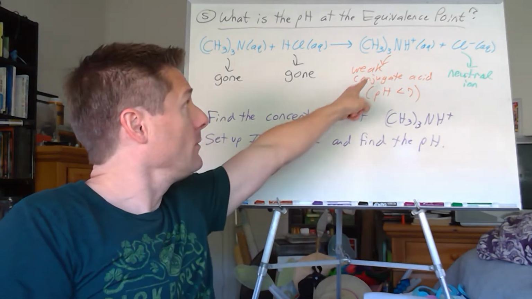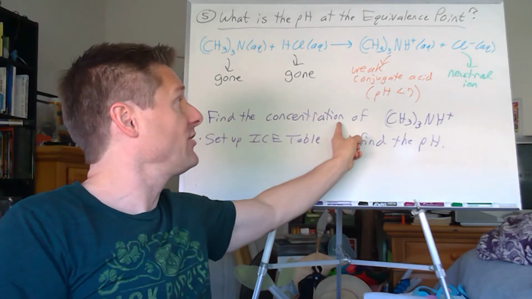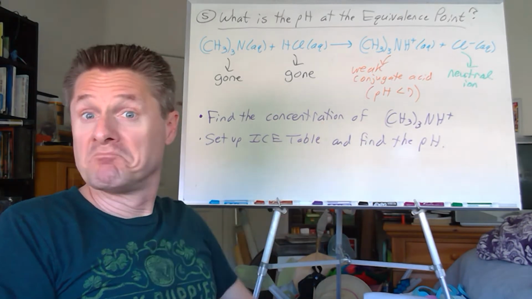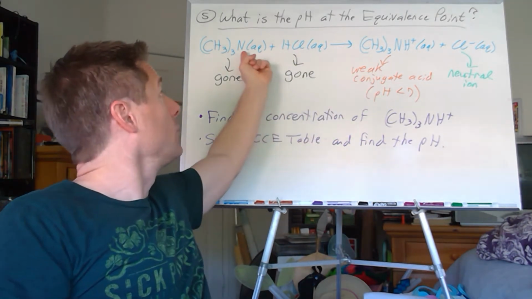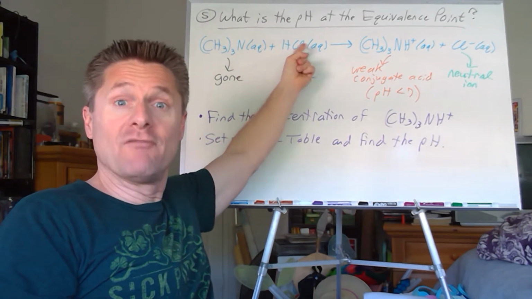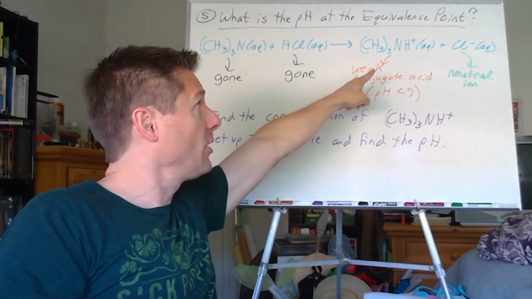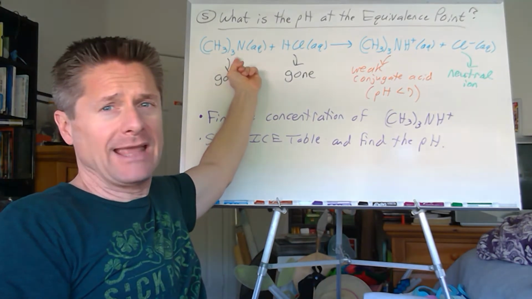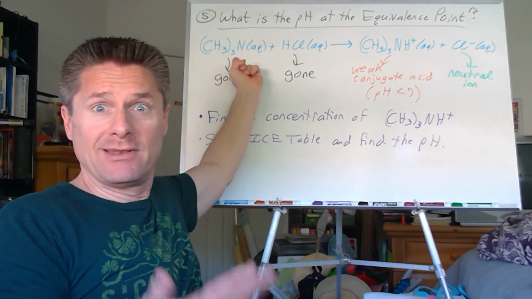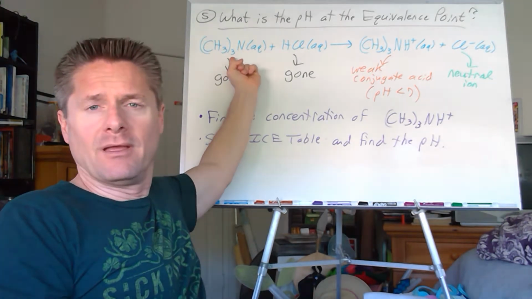We need to figure out the concentration of that trimethylammonium ion. It's going to be based on the millimoles, because we didn't start with any, so whatever the millimoles of either one of these is will determine that. We've already calculated the original millimoles of the base. We did that, I think, in step 2 and a couple other steps.